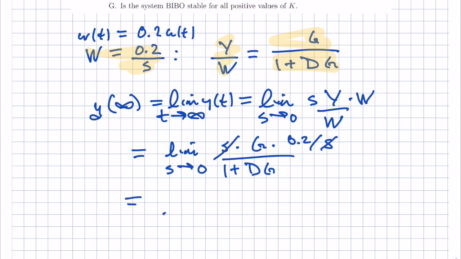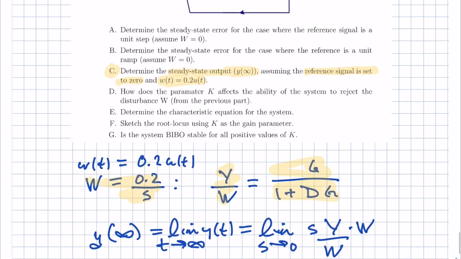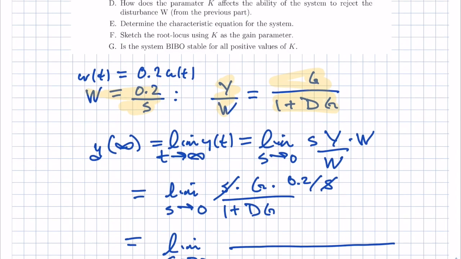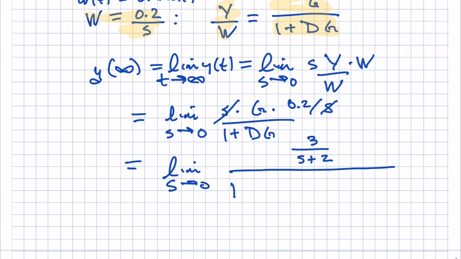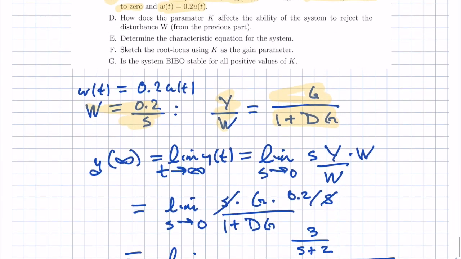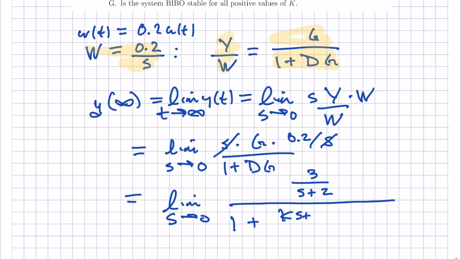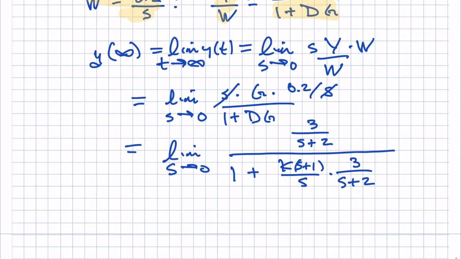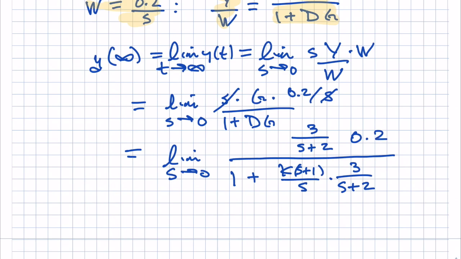And so at this point we're taking limit as s goes to 0, and we can plug in to these expressions. All right, so we know g is 3 over s plus 2, and we know that d is K times s plus 1 over s, and then we have another g, and we're letting s go to 0. We still have this 0.2 out here.